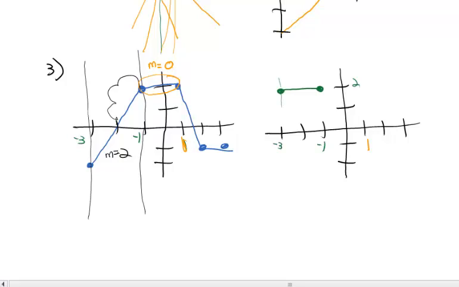It's completely flat. So we really should have open dots. Between -1 and 1, we're going to color the graph in at 0, because the slope between those points is 0.